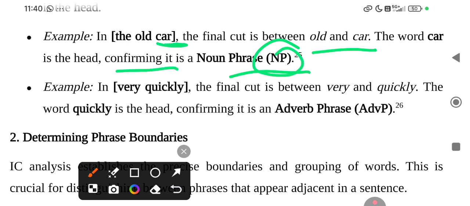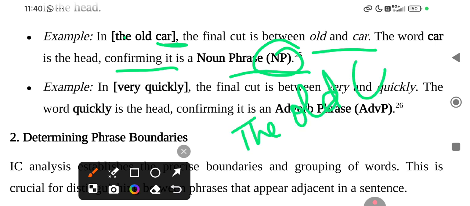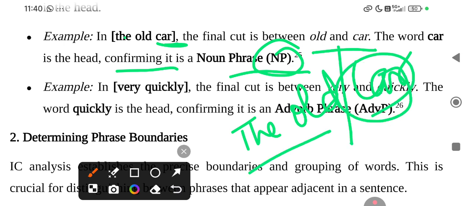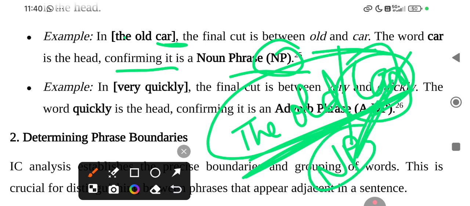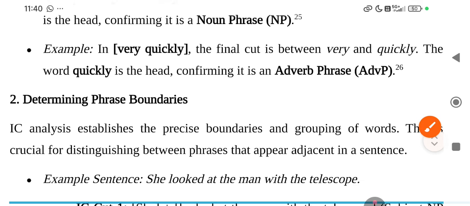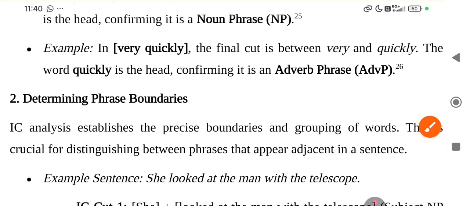Because car is a noun, and there is no verb in this group of words. That is why this group of words will be known as a noun phrase, because of the noun car.